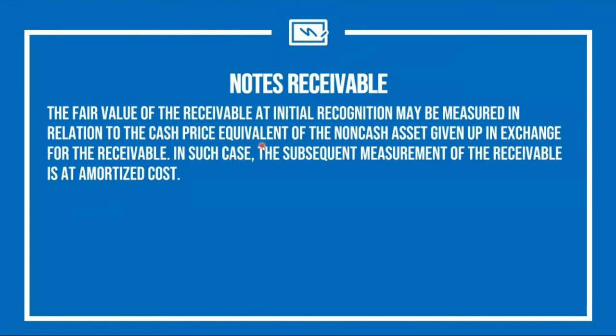Kapag iba yung cash price equivalent, usually mas mababa yan doon sa total receivable na kinokolekta mo, it simply means that the difference between the receivable and the cash price equivalent is already interest. So, in that case, kailangan mong alamin yung effective interest kasi i-amortize mo yung difference.